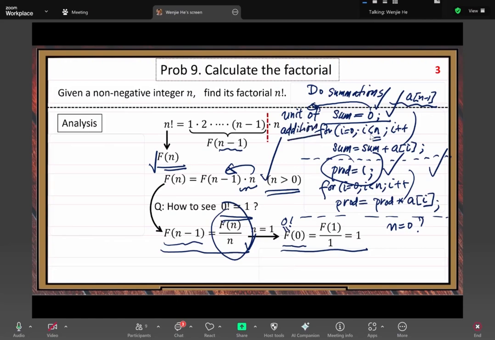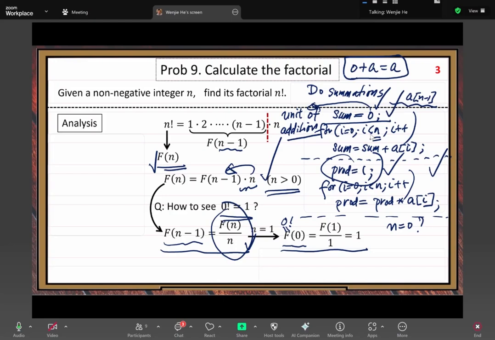Why do you call 0 the unit of addition? Because 0 plus A equals A. This tells us 0 is the unit of addition. You do addition with 0 and any number, you still get that same number. So this special number we call the unit. In math, there is a concept, unit, but with respect to the addition operation.